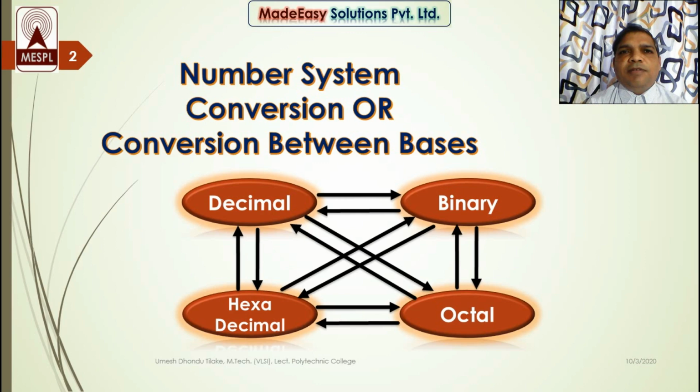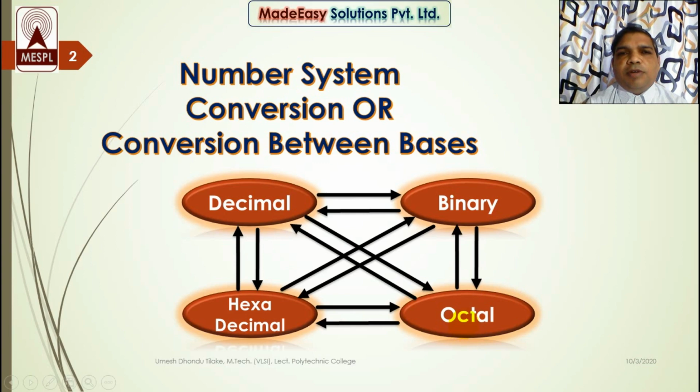As we have seen in the very first video of this series, binary, octal and hexadecimal numbers can be converted into decimal, and in the second video we have seen that decimal numbers can be converted into binary, octal and hexadecimal. So we can opt for this way here, that means use the decimal number system as a reference number system.